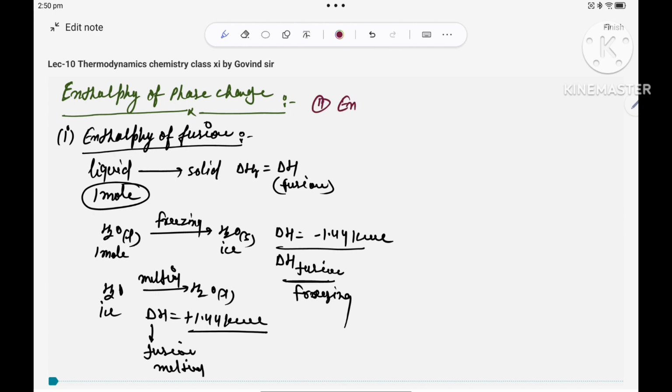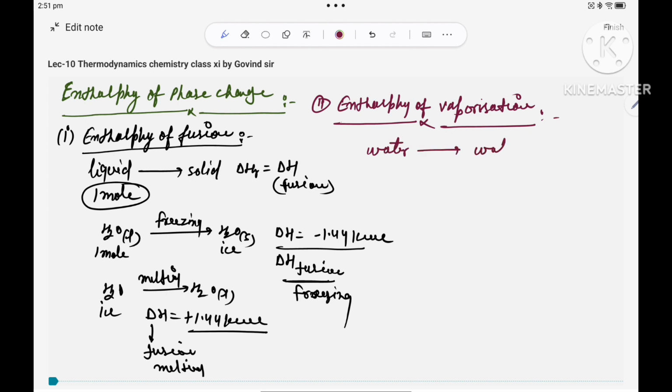Second is enthalpy of vaporization. Like water into water vapor. What is this process? Boiling.